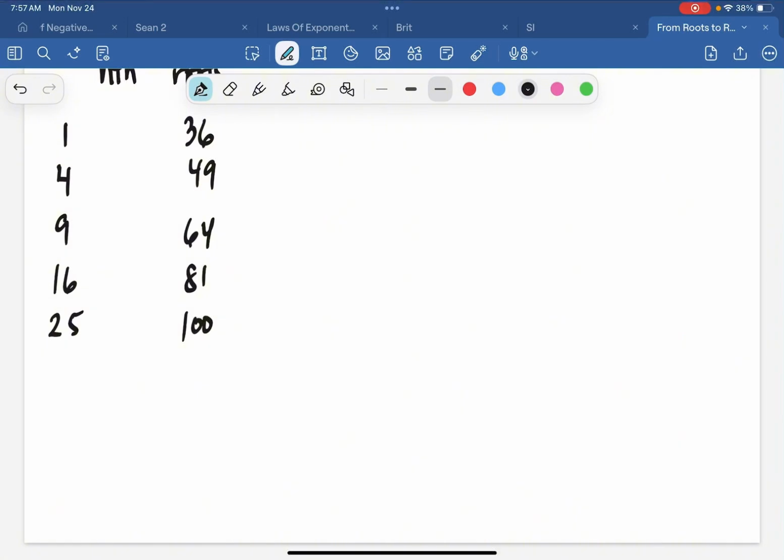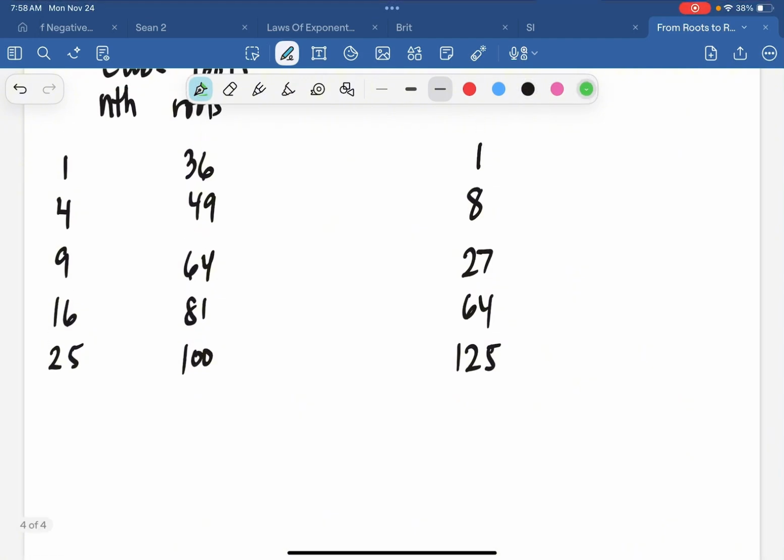We also have, for the perfect cubes, 1, 8, 27, 64, and 125. Again, these are perfect squares and perfect cubes.